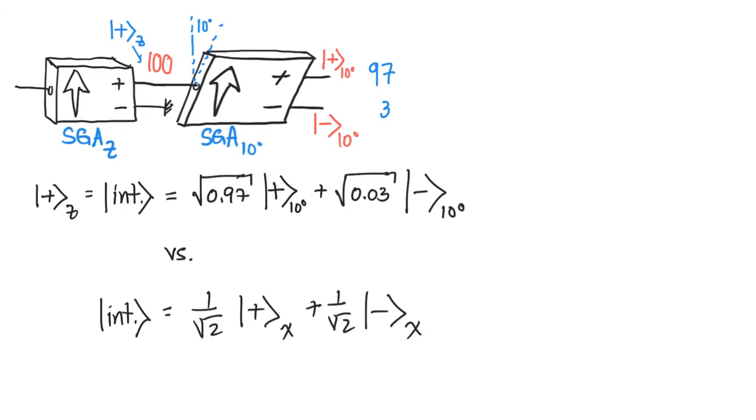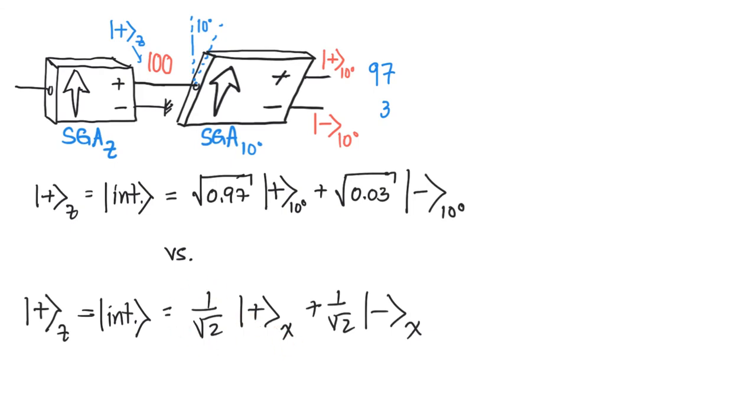These are both the same state, plus Z, but we've written them in what we call different bases. In the first case, we've used the 10 degree orientation basis. In the second, we've used the x direction as our basis. Okay. We can also see that the probability of being measured in the 10 degree plus is 97%, whereas in the x direction plus, it's 1/2.